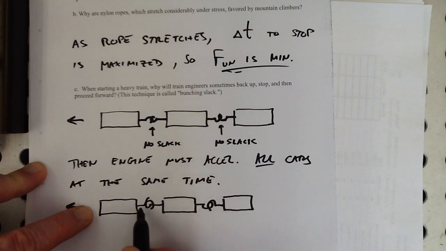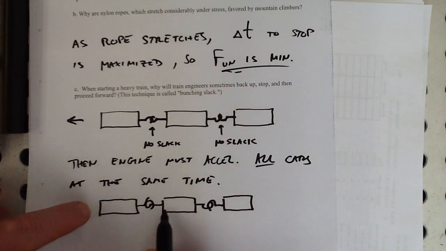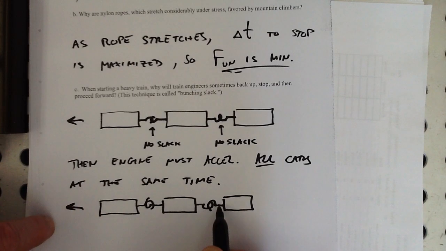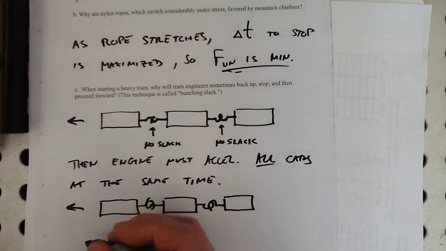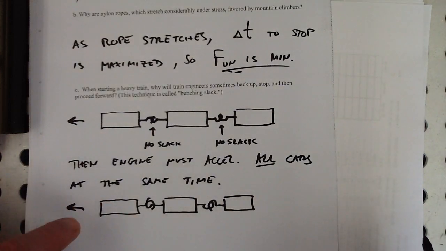And then those two moving together are going to accelerate this one, and so on. So at the very start, the engine only has to accelerate the first car itself, I guess, right? And then you get a whole bunch of little collisions down the way.